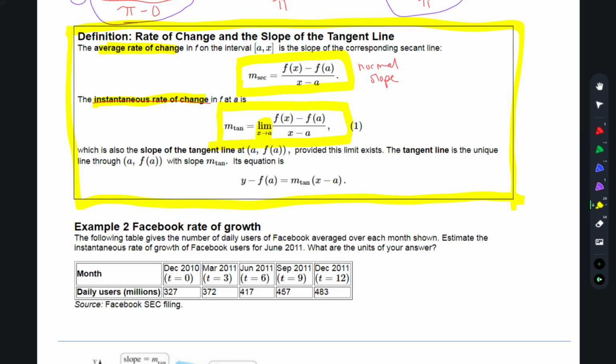Does that sound fancy? That's what it is. If you want to find the slope of a tangent line, actually, I should write that word, point of tangency. They usually don't say that, but I'm just going to be safe to show you here. This thing is the point of tangency.